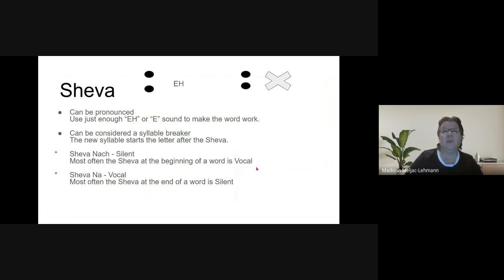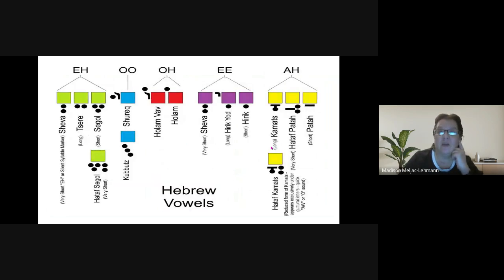Most often the Shiva at the beginning of the word is vocal, and most often the Shiva at the end or in the middle of the word is silent. There's way more to do with these, so I might take this off because it's going to confuse you later.